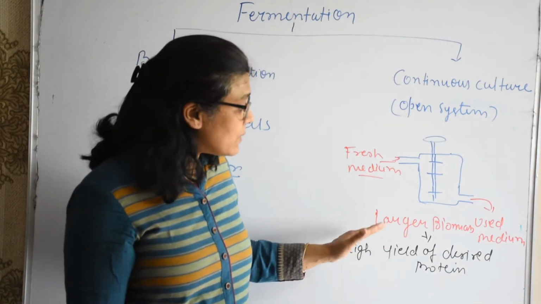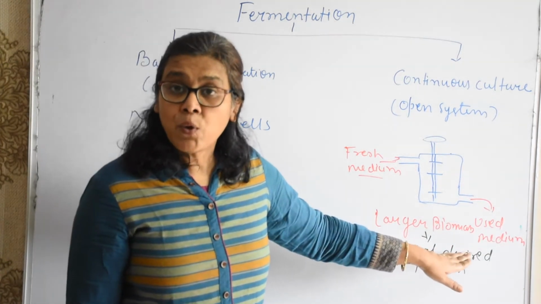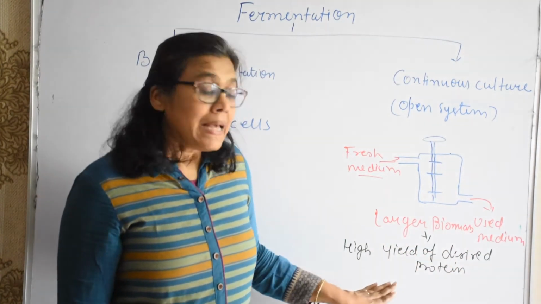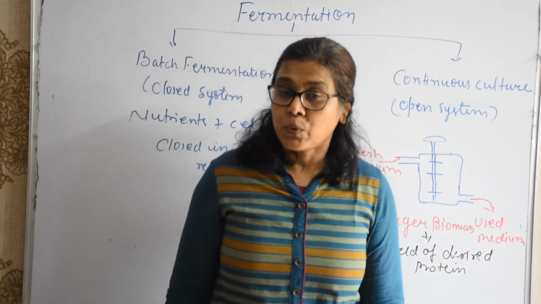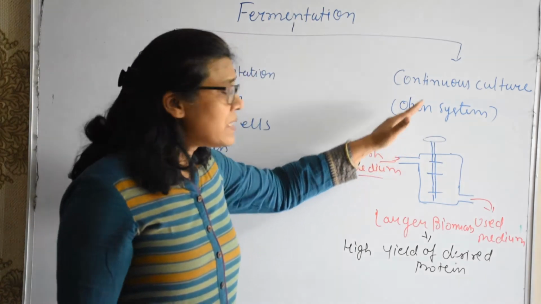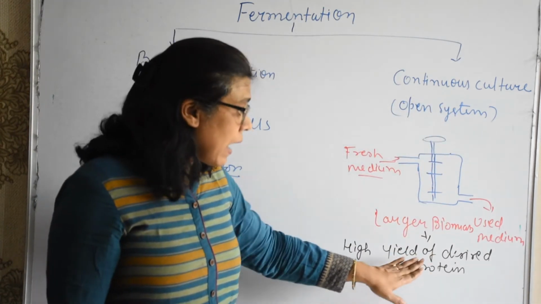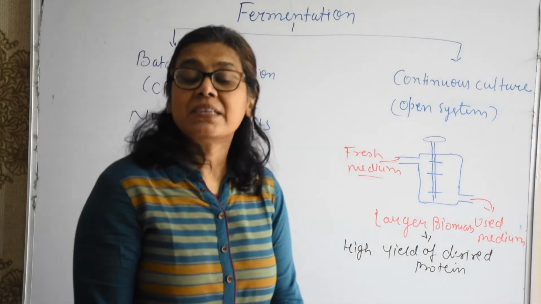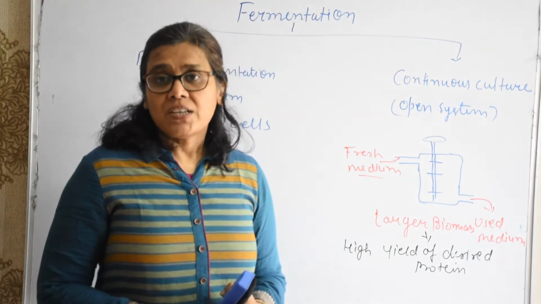As a result, there will be larger biomass, and due to this there will be a high yield of the desired protein. Though the continuous culture method gives a high yield of the desired protein, still it is not used. Instead of that, fed batch culture is used.